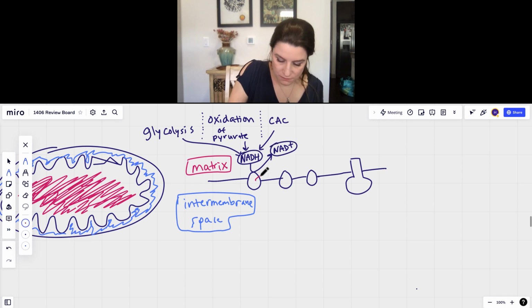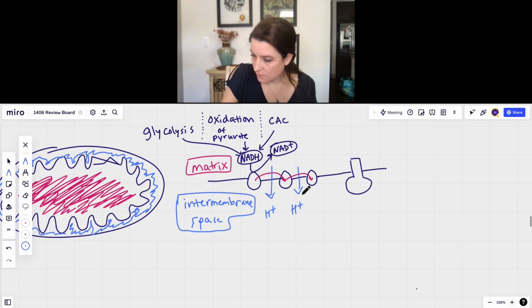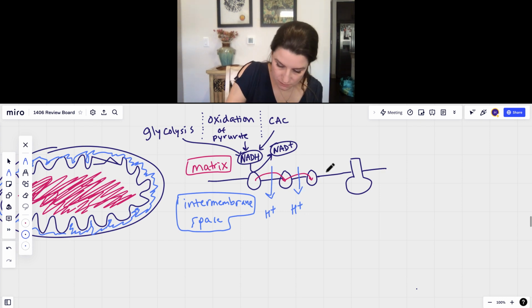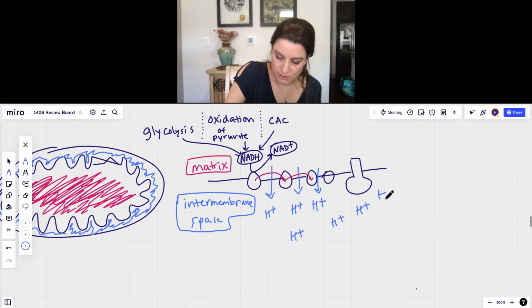Those electrons are going to fall down the electron transport chain. They get passed, their energy gets released, and we pump the hydrogen ions. This time we're pumping them into the intermembrane space. Should draw another. Building up that concentration gradient, where we have lots of hydrogen ions, or lots of protons, in the intermembrane space, not as many in the matrix.